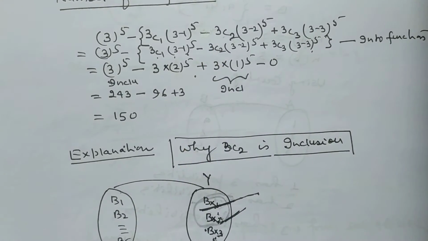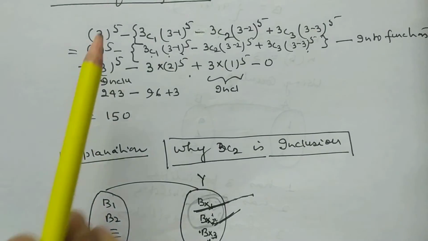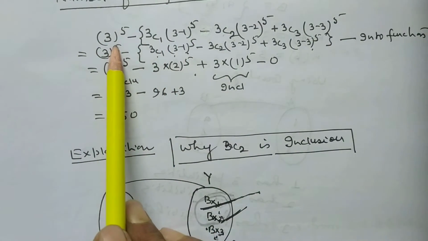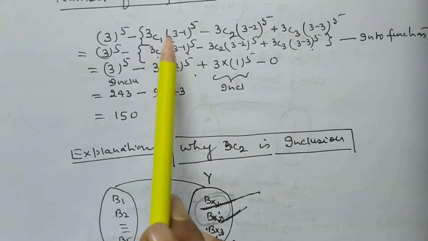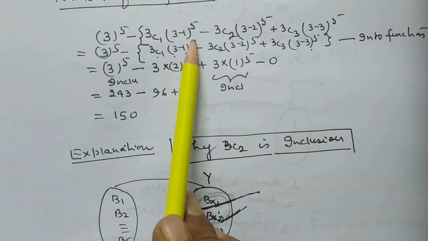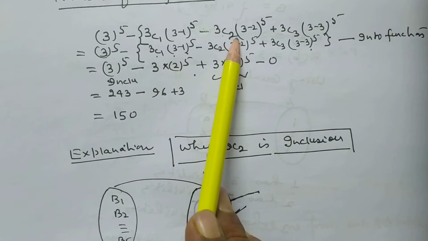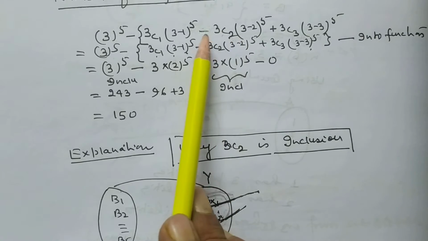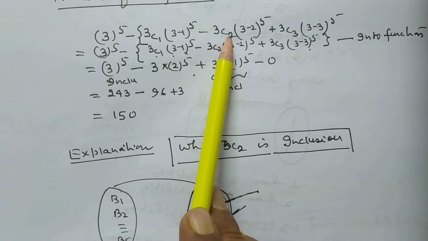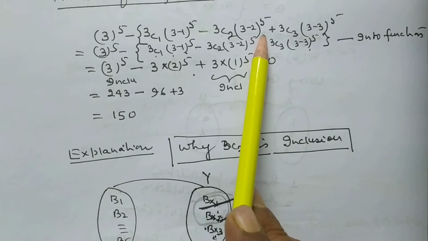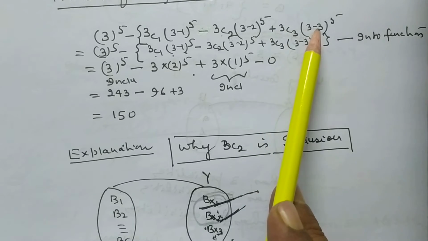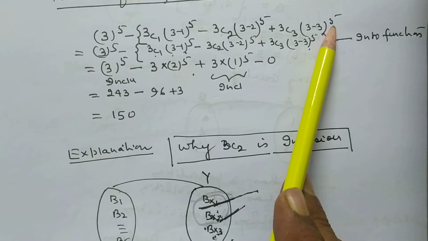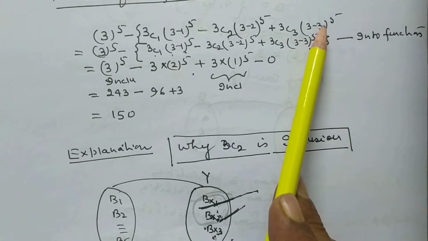So now that's why we here 3 to the power 5 minus 3c1, 3 minus 1 to the power 5. And to make it balance, we put here negative sign, 3c2, 3 minus 2 to the power 5. 3c3, 3 minus 3 to the power 5, so this case is not possible.